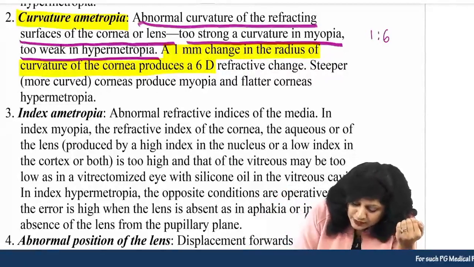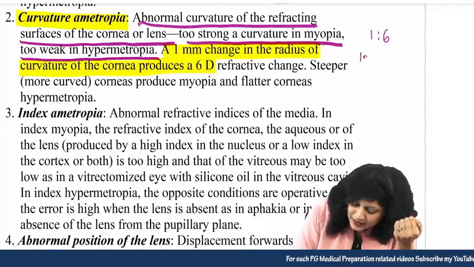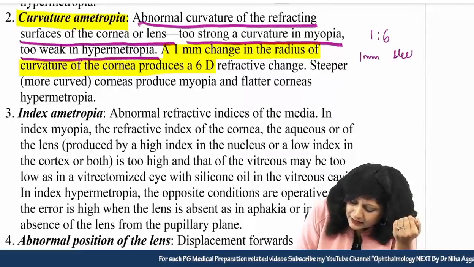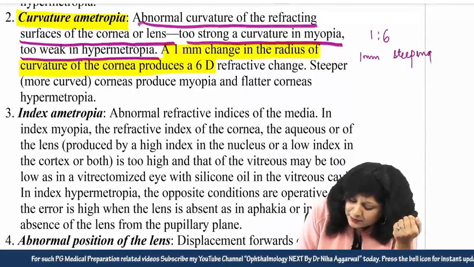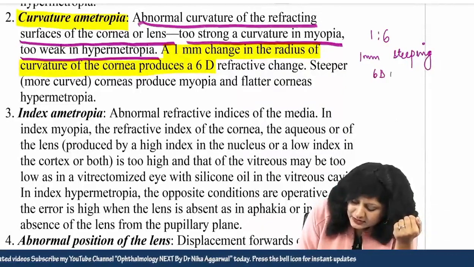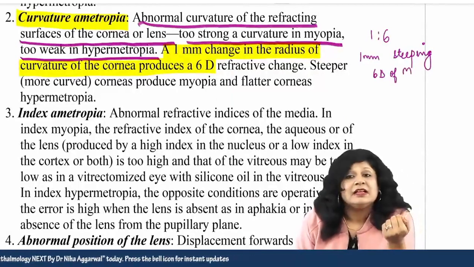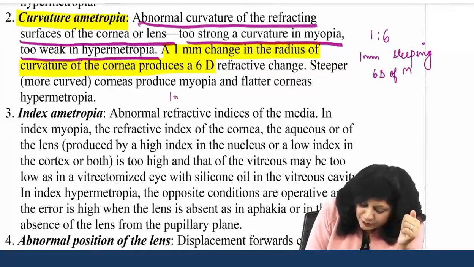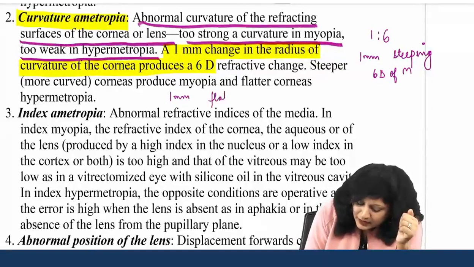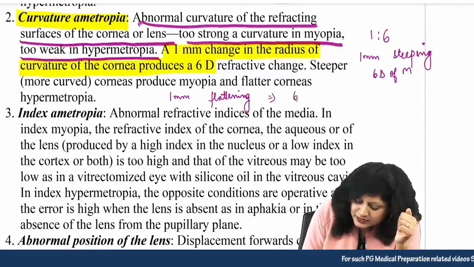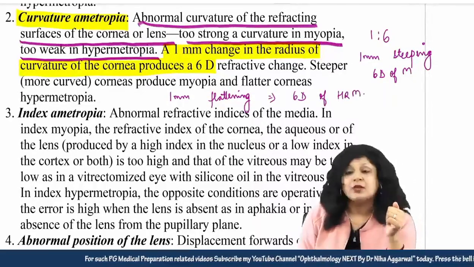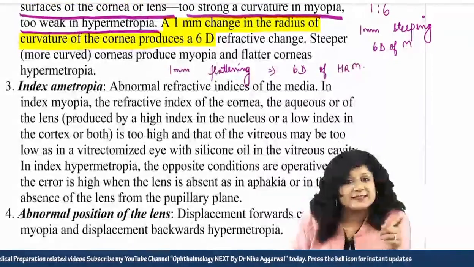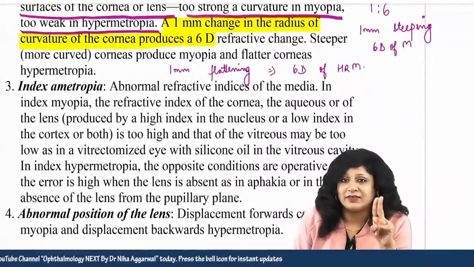Similarly, if I have a decrease in the curvature, if I have 1 mm flattening, then this will cause 6 diopters of hypermetropia. So I think 1:3 for axial length and 1:6 for curvature you have understood.